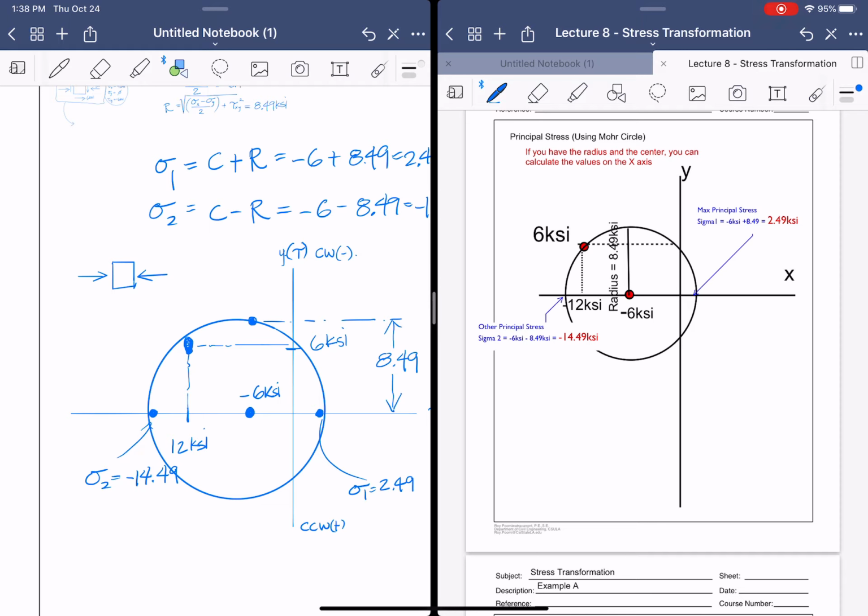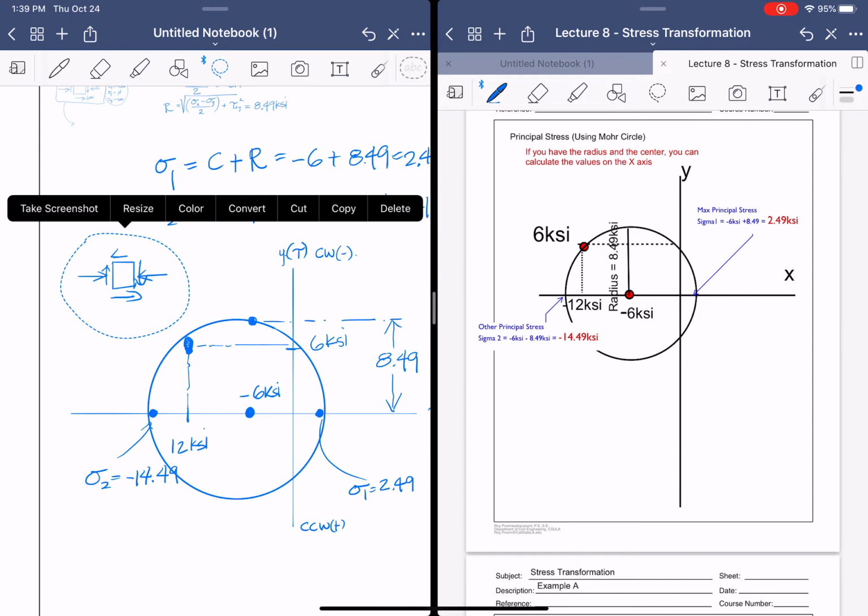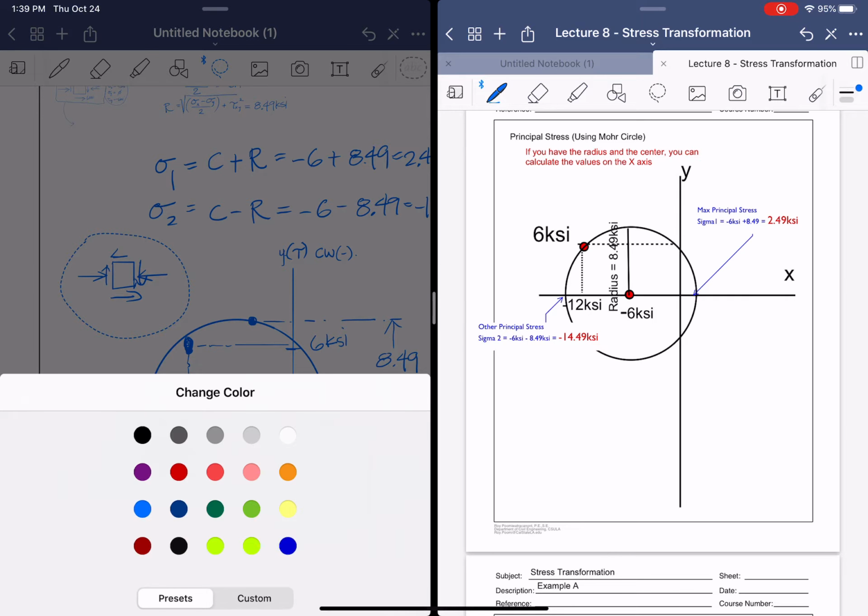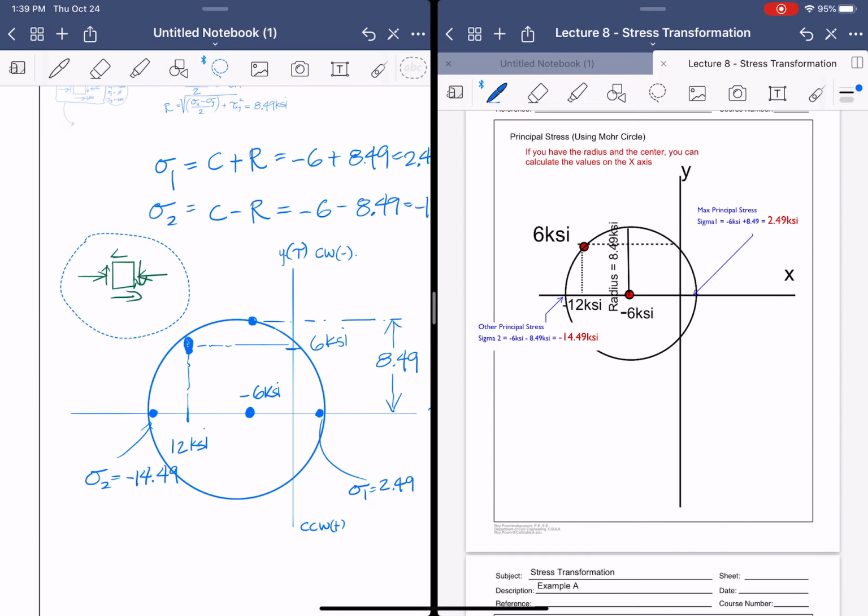And I think it was going this, that point, okay, let's assign it a color. Let's see. Green. Green is good, right?